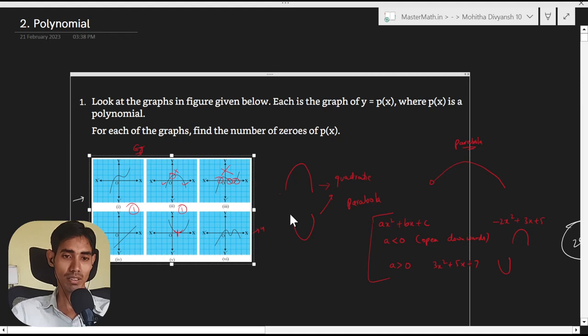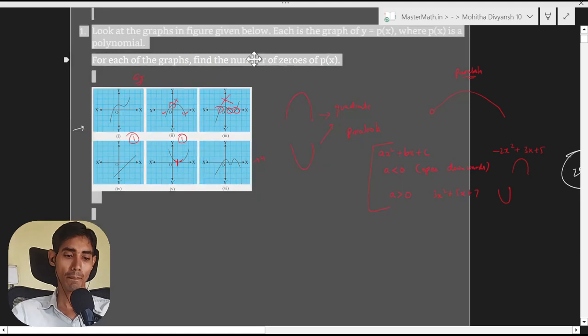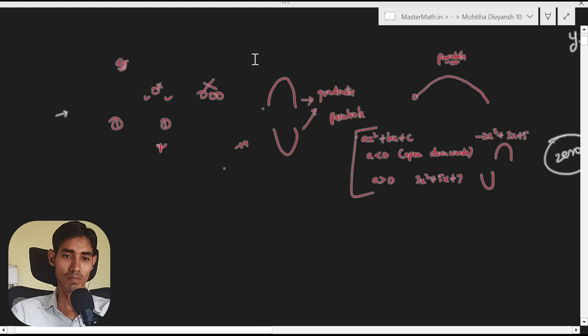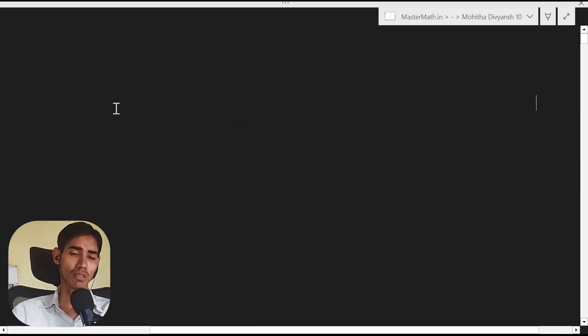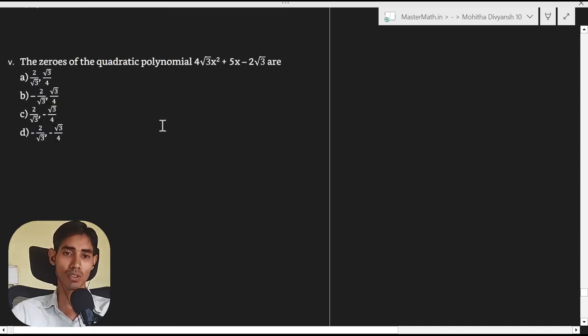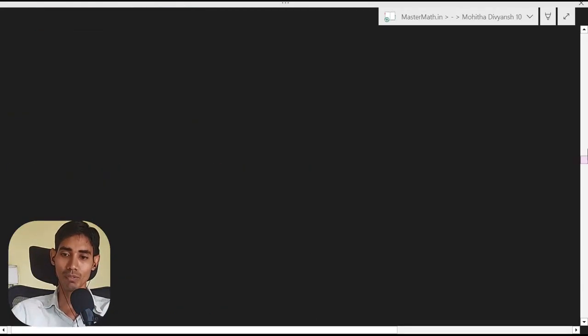So what have we learnt till now? We revised a few basics of the 9th grade: degree, coefficients, all these definitions, and what are zeros of a polynomial, values of a polynomial.